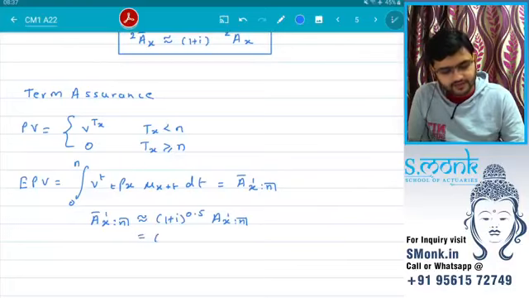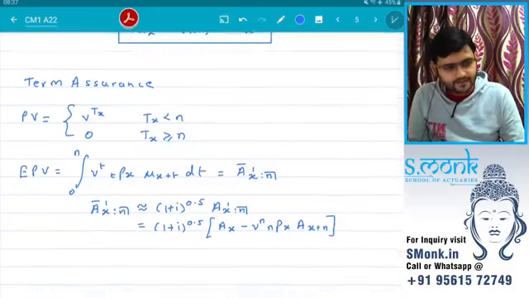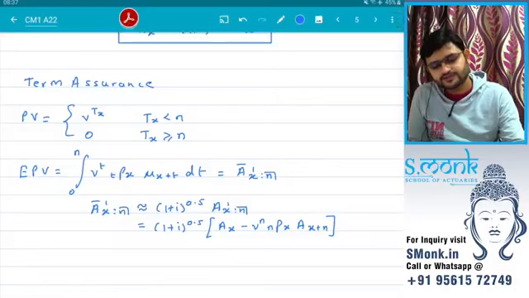That just means it would be 1 plus i raised to half times Ax minus v raised to n, npx, A x plus n. Okay. This is going to be our approximate relationship.